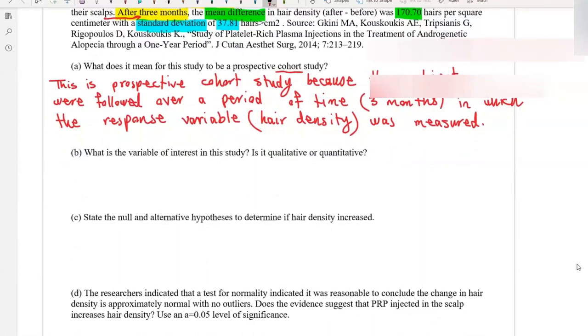Part B, the question is, what is the variable of interest in this study? Is it qualitative or quantitative? As I said in part A, our response variable is hair density. Here it's asking what is our variable and what we're working on and trying to find. So again, our variable is hair density.